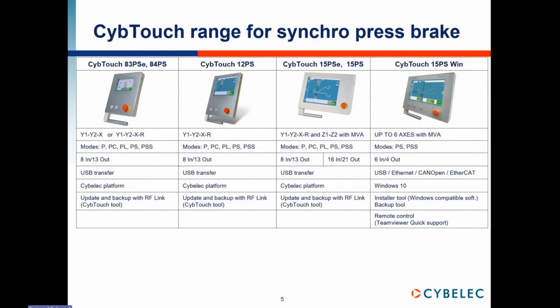And now this is our CybTouch range for synchro press brake. So we have these different models. With the first one, you can manage 3 or 4 axes, and all modes are available: P, PC, PL, PS, and PSS.